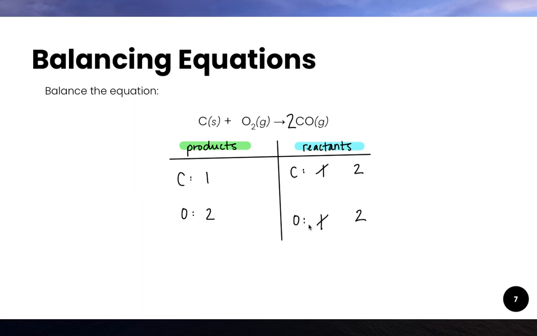And then add a 2 here. All right, so now there are the same number of atoms on both the products and the reactant side of the equation. This is a balanced equation.